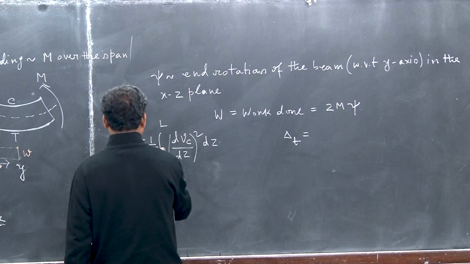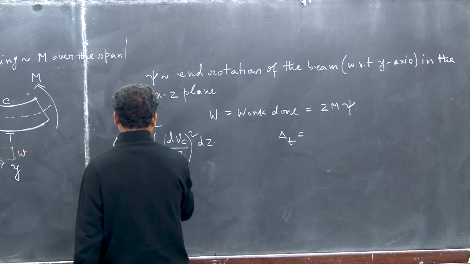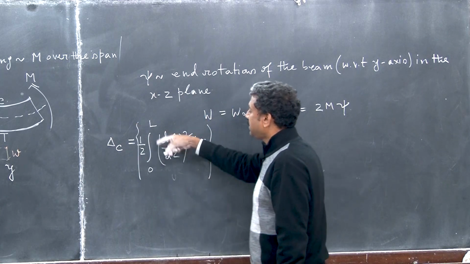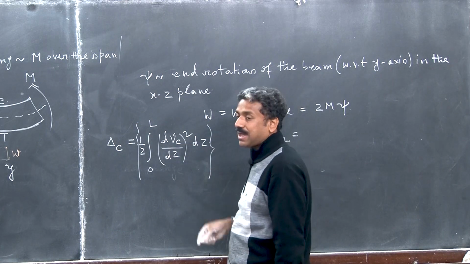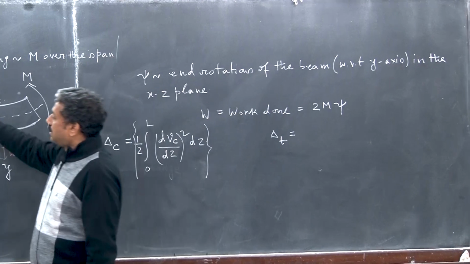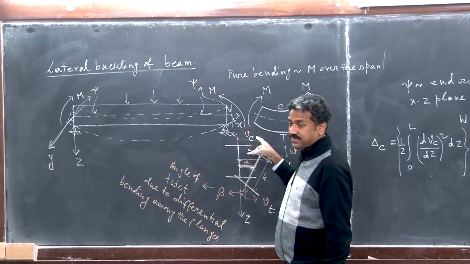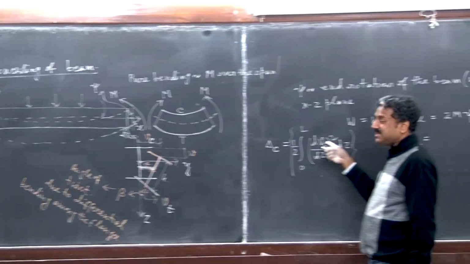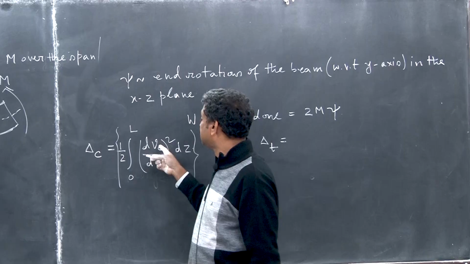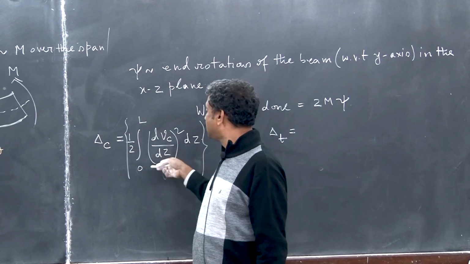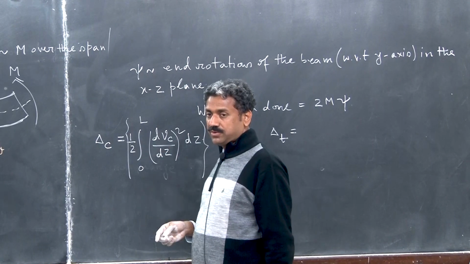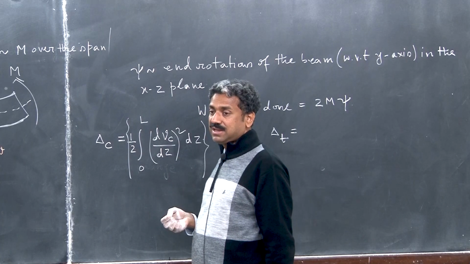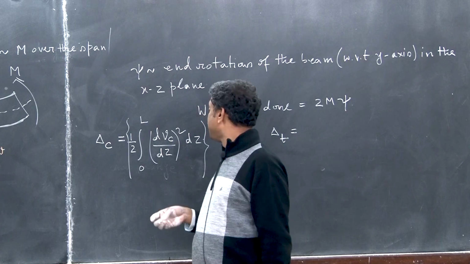What is this? Half integration 0 to L of del Vc by del z whole square. I am considering the top fiber, which is subjected to Vc, right? What is that Vc? This is the von Karman strain, where Vc is the out of plane deflection, deflection along y, of the top fiber.